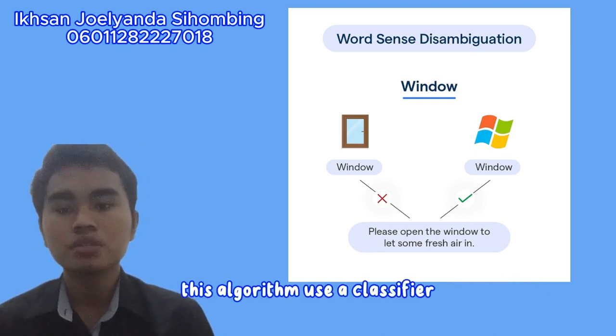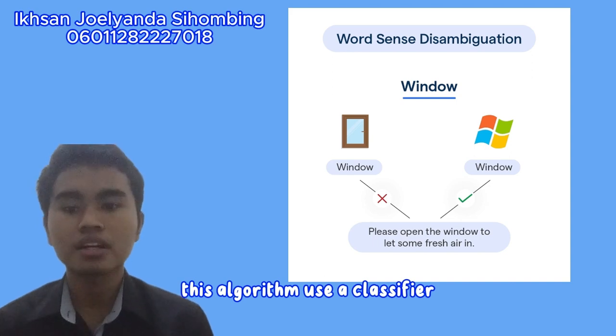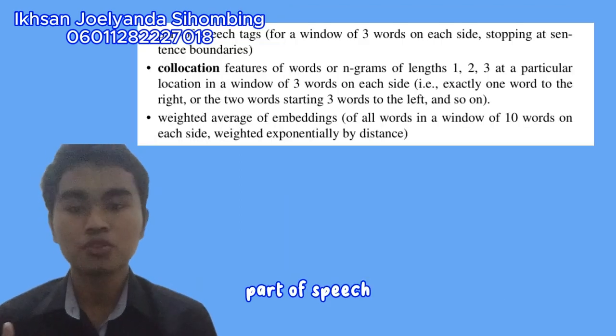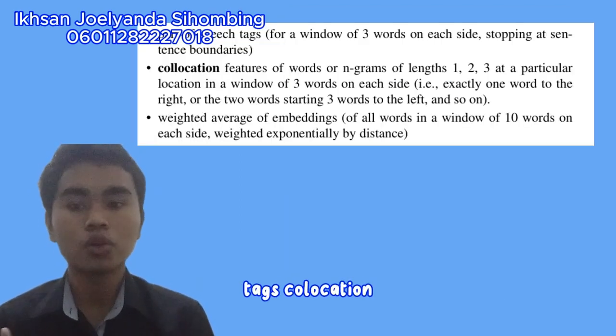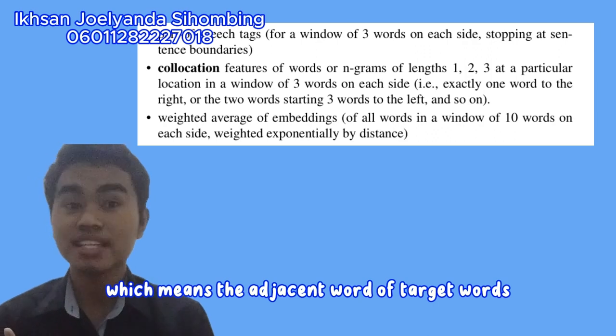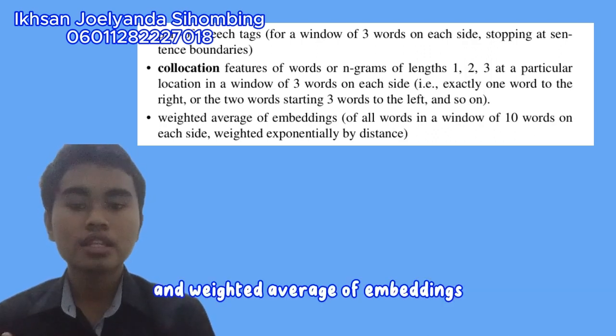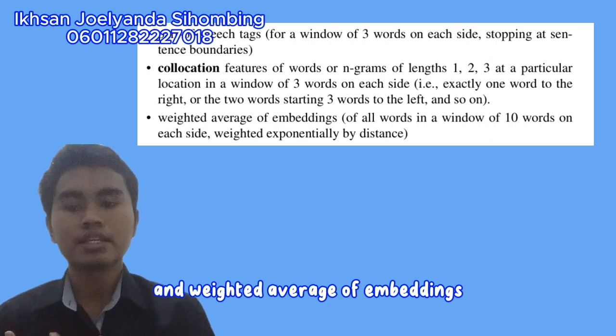This algorithm uses a classifier to choose the sense for each input word, using features like part of speech tags, collocation, which means the adjacent words of target words, and weighted average of embeddings.